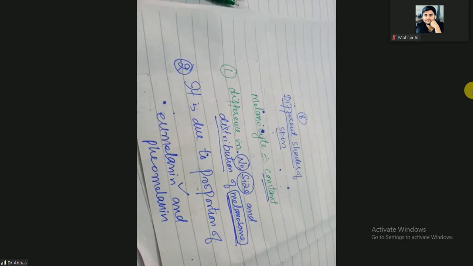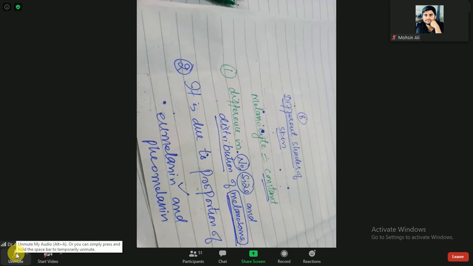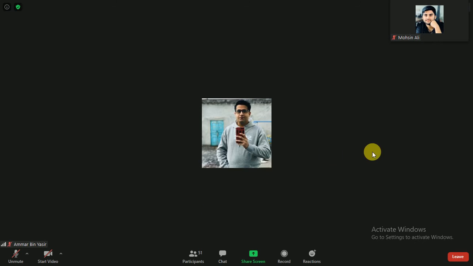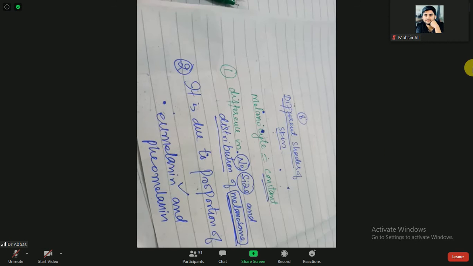So here I tell you the important point. Next, move on to page number 9. Melanin: in one book they have written melanin in two types, but in another book they have written three types.